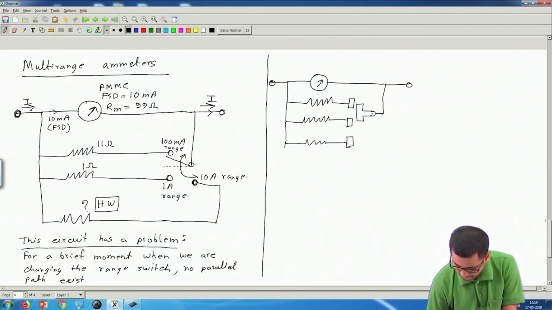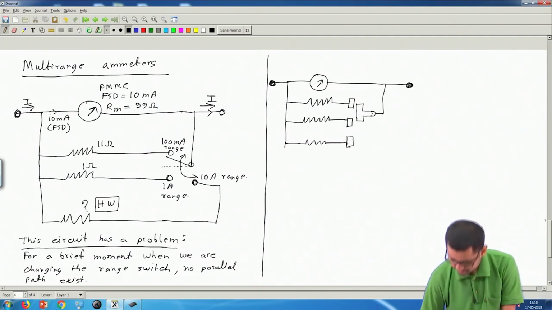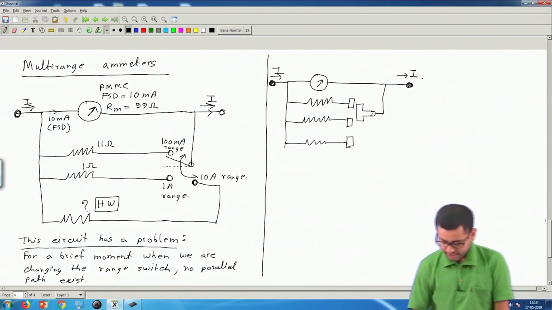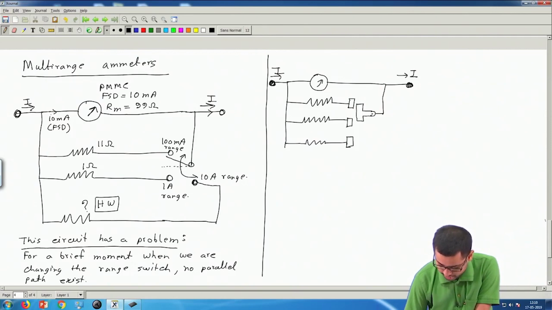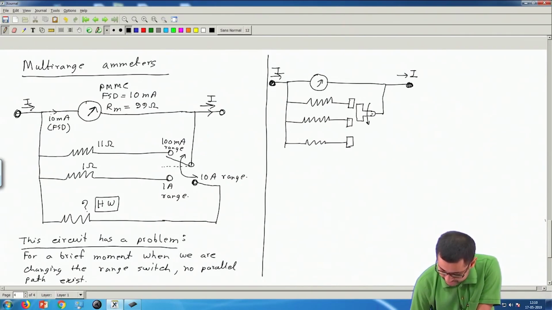So these two are the terminals of the meter through which the unknown current I should enter and leave. Okay. And now see that the switch is so that when it is connected to this, it's okay, but then when I am changing from here to here, this will touch this resistance first before it disconnects from this switch.